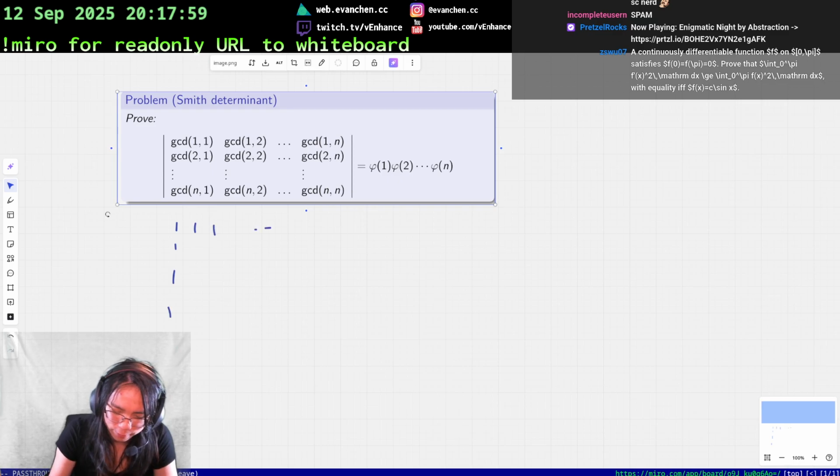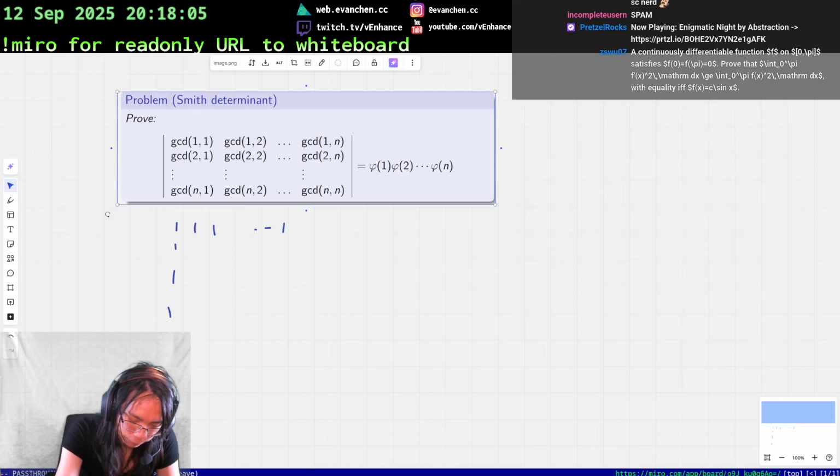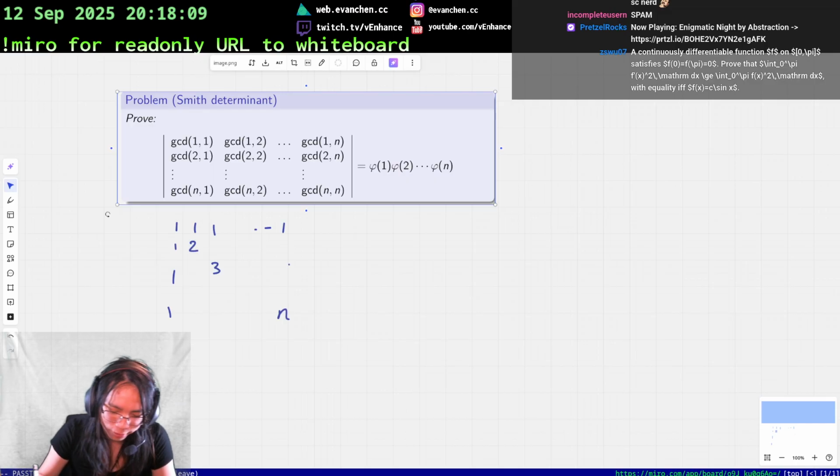So for example, if n is a prime, it is literally true that you get like a bunch of ones and it's multiplied by p minus 1. So at least that much I can verify. I don't know how much more I can verify. What if n is like twice a prime?